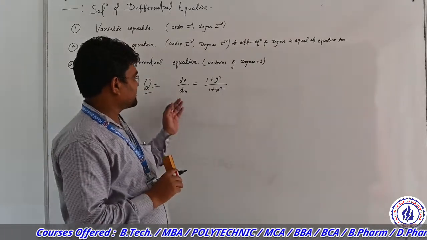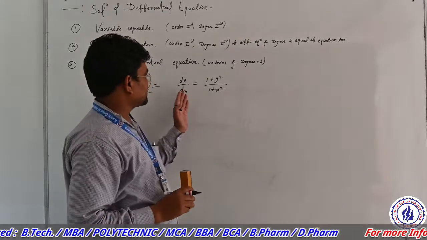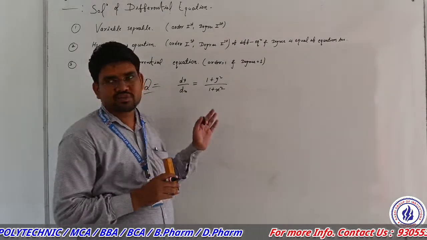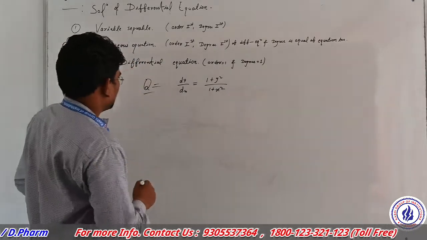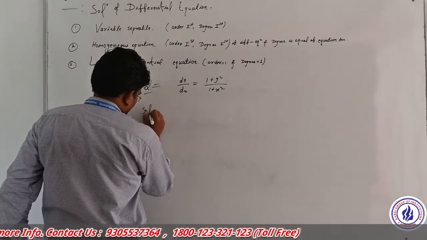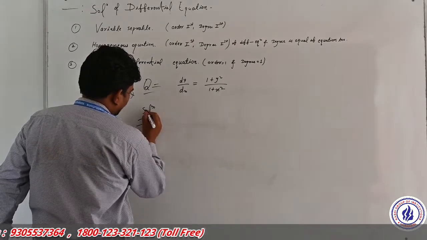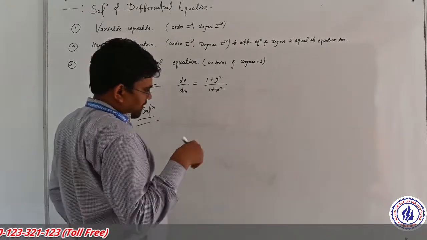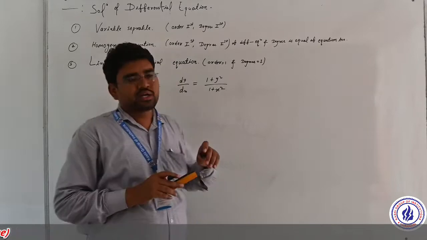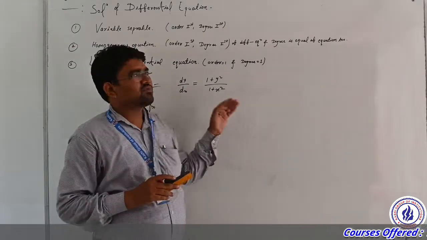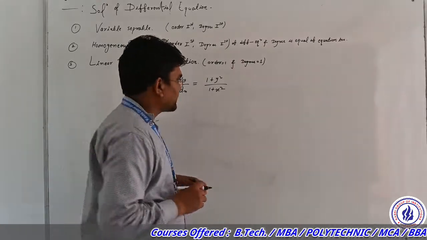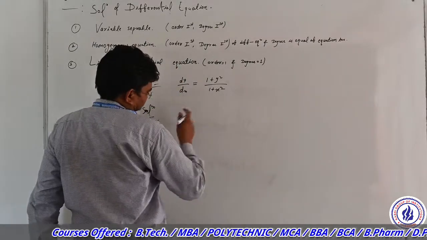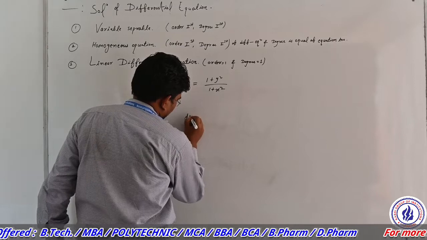We see clearly that the function of y is 1 plus y square and the function of x is 1 plus x square. So according to our key points, via cross multiplication we carry the function of y with dy and the function of x with dx. So in a simple way we can write this.